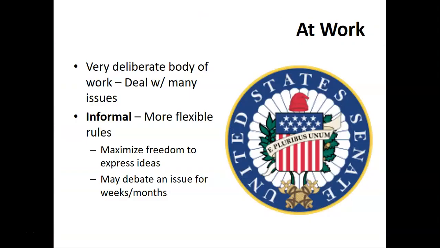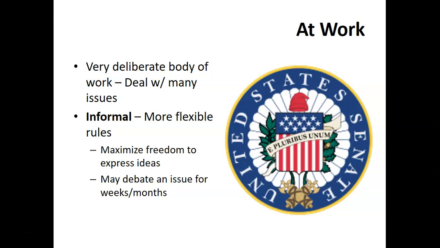So when we last talked about the House of Representatives, it's a very chaotic body. It's much bigger than the Senate. But the Senate is a little bit more informal, a little bit more flexible for a variety of reasons. One, it's a smaller group that you're working with, only 100 members, and it's very deliberate.